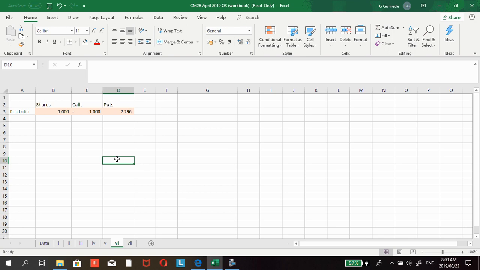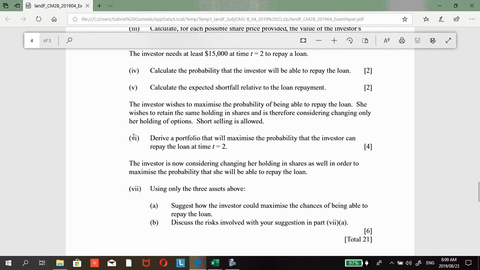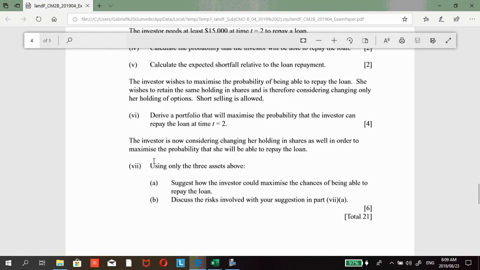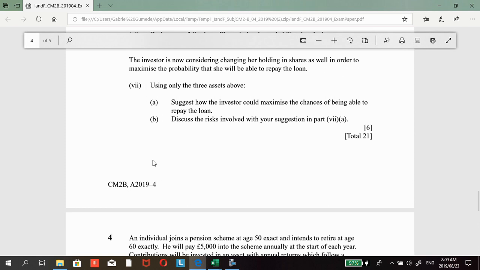Let's look at the last part of the question. I'm very sorry, unfortunately I won't do this question here. They're saying an investor is now considering changing her holdings in shares in order to maximize the probability that she will be able to repay the loan.